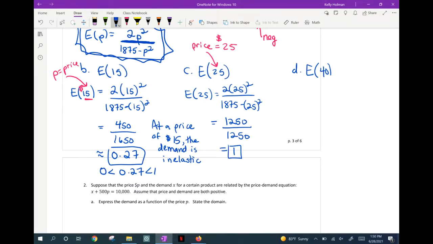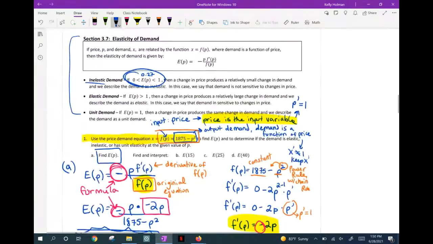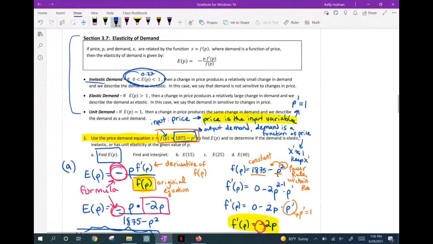Go up to my three cases. If it's equal to 1, that's a unit demand. That means the price and demand will change the exact same way, in opposite directions usually. When I say the same way, I mean the same percentage, but in opposite directions, which is what your textbook is going to assume.